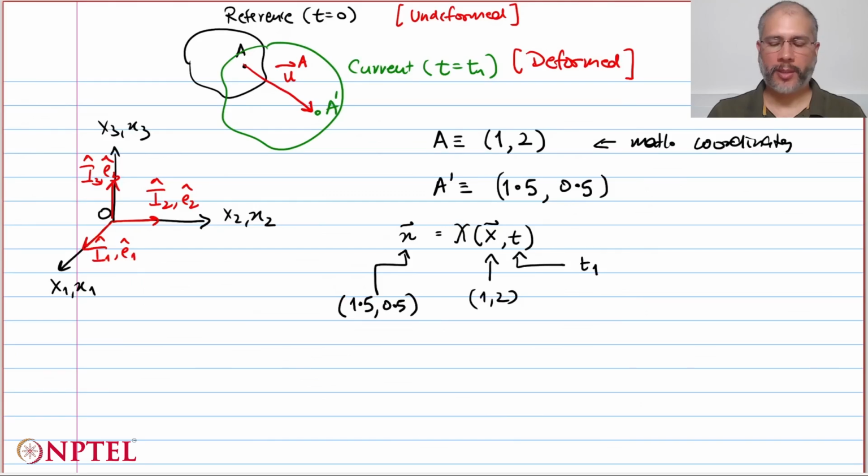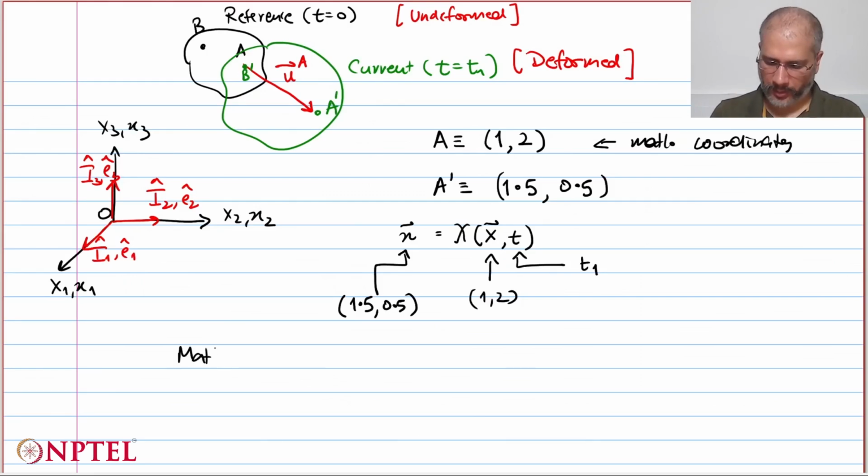Now let's consider another point that we'll call the point B, which was here at time t equals 0. And this point B, interestingly, has moved to this point, which is having the coordinates of (1, 2). So this I'll call B prime.